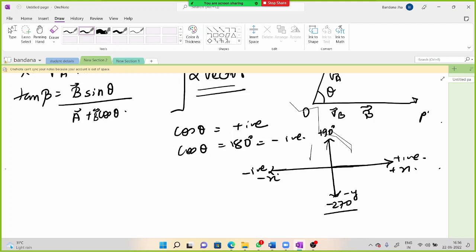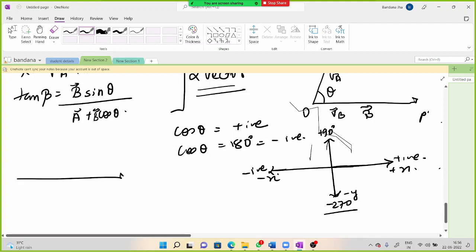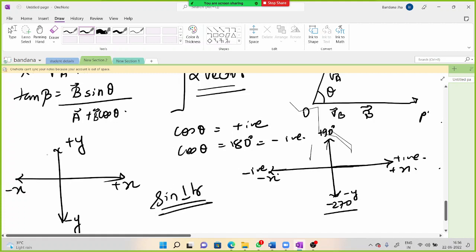It is not mine. Yes, say beta. Ma'am, why is it so? If it is 180 degree it is negative, and if it is 270 degree it is negative. Why? You didn't study about the graph. This is positive y-axis, this is negative y-axis. This I know, ma'am. So sine is for the perpendicular.